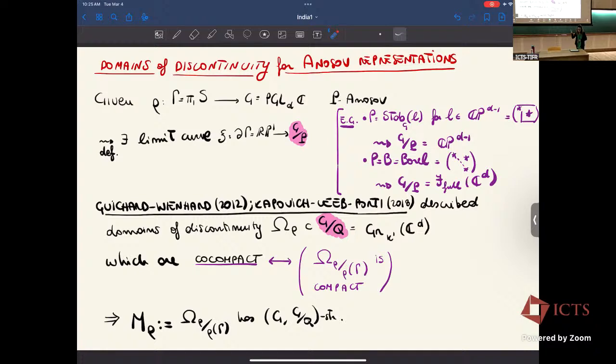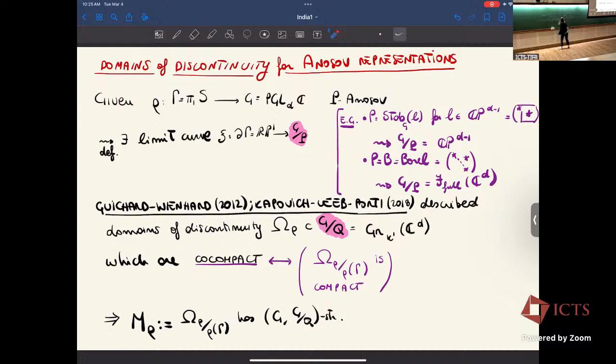This is something I was mentioning just before, how you should think of this domain of discontinuity for Anosov representations. Unfortunately, the picture of what happens for quasi-Fuchsian representations can be a little misleading, because in that setting it's rank 1, so you only have one boundary.